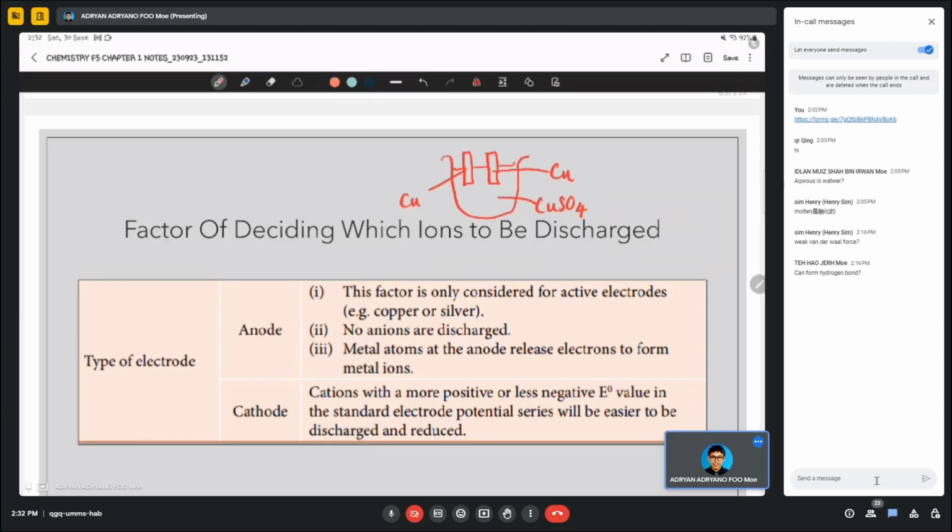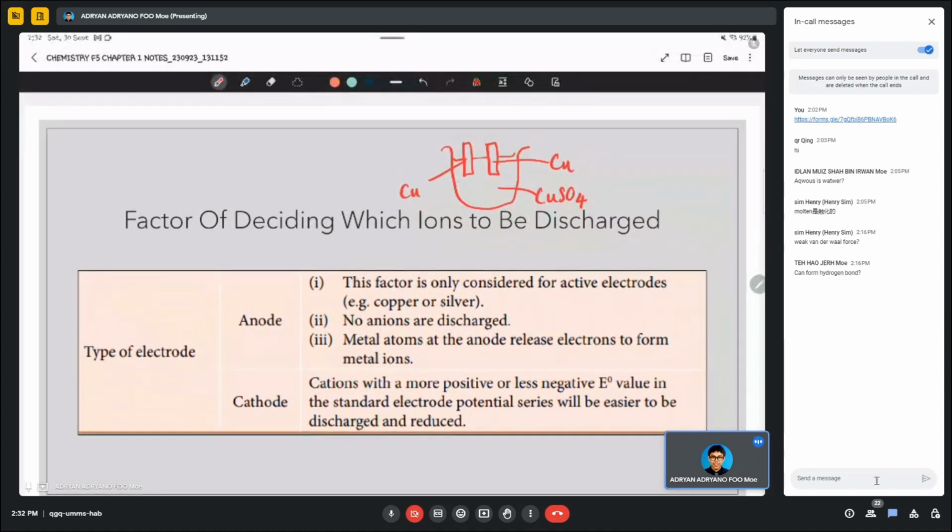So remember, an active electrode means the electrode is the same metal as the solution, but usually only for copper or silver, or platinum.